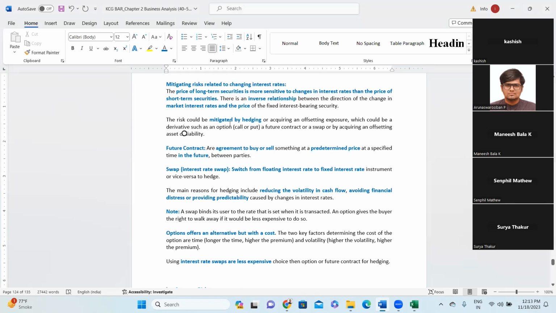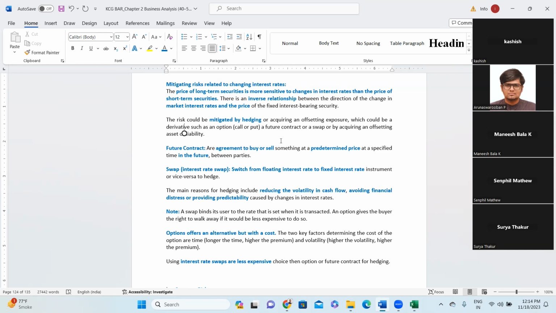So the risk could be mitigated by hedging or acquiring an offsetting exposure, which could be a derivative such as an option, call option or put option, or a future contract or a swap, or by acquiring an offsetting asset or liability, actual asset or liability. So what is a future contract? Any idea? The contract which will be settled in future.